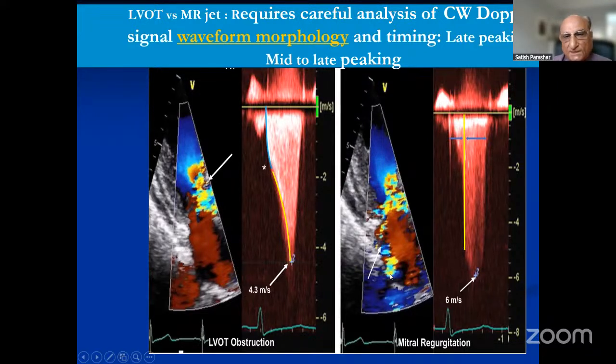This should not be confused with an MR jet. MR is usually a very high velocity flow compared to the LVOT velocity, usually in mid and late systole, and more like a parabolic shape right from onset to mid. So one should not confuse between the two.